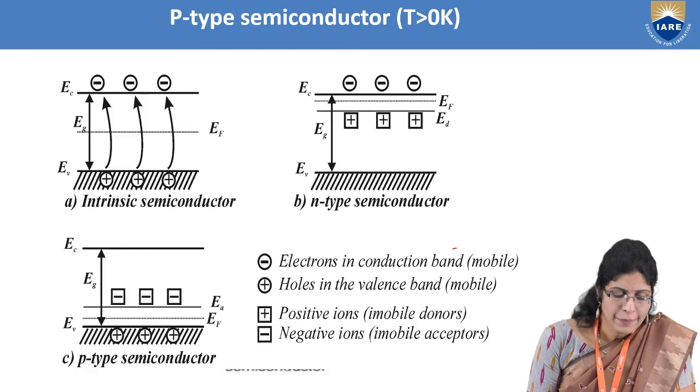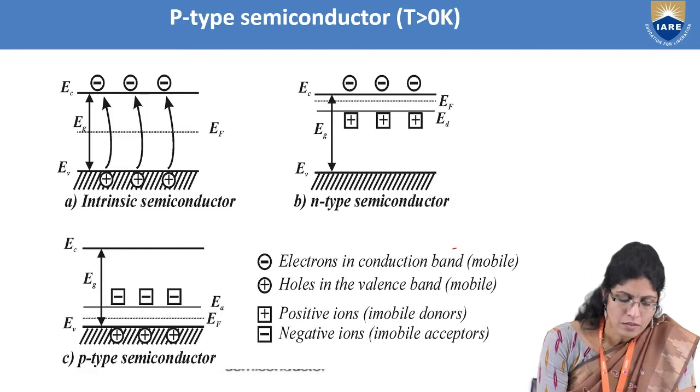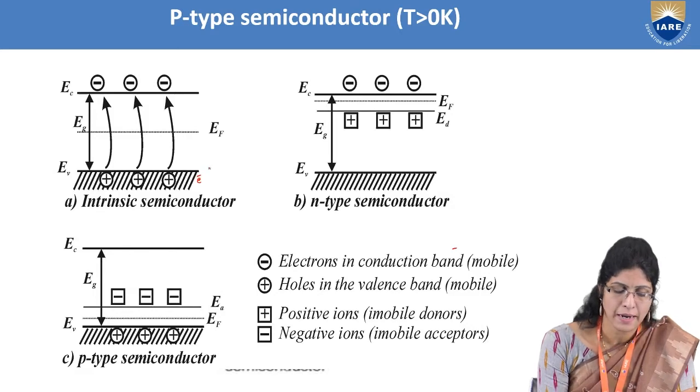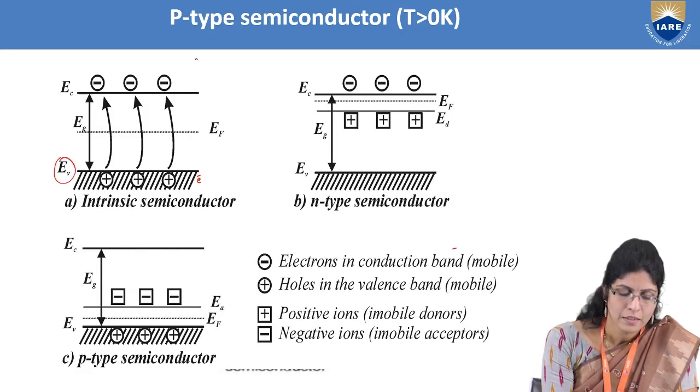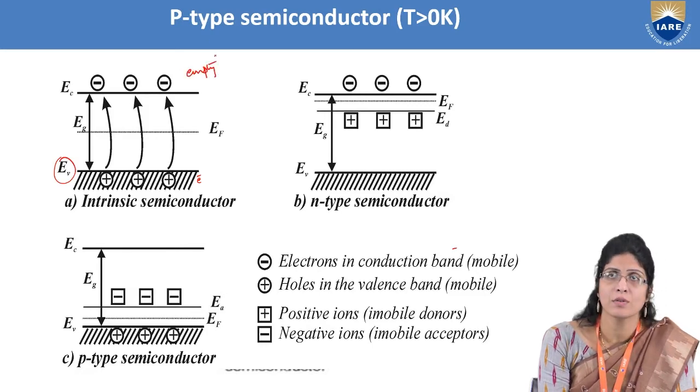So what is happening first is there are positive charges and electrons here in the valence band, and the conduction band was empty at T equal to 0 Kelvin.